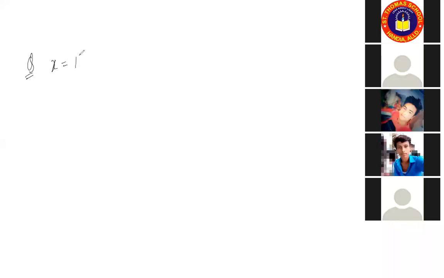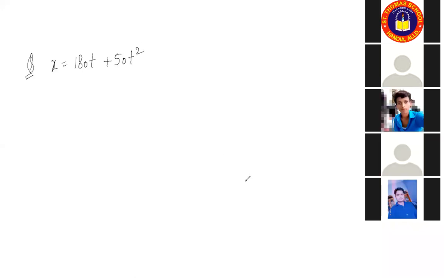The question is, a particle is moving in a straight line by the equation x is equal to 180t plus 50t square. So this is the equation of the particle given.